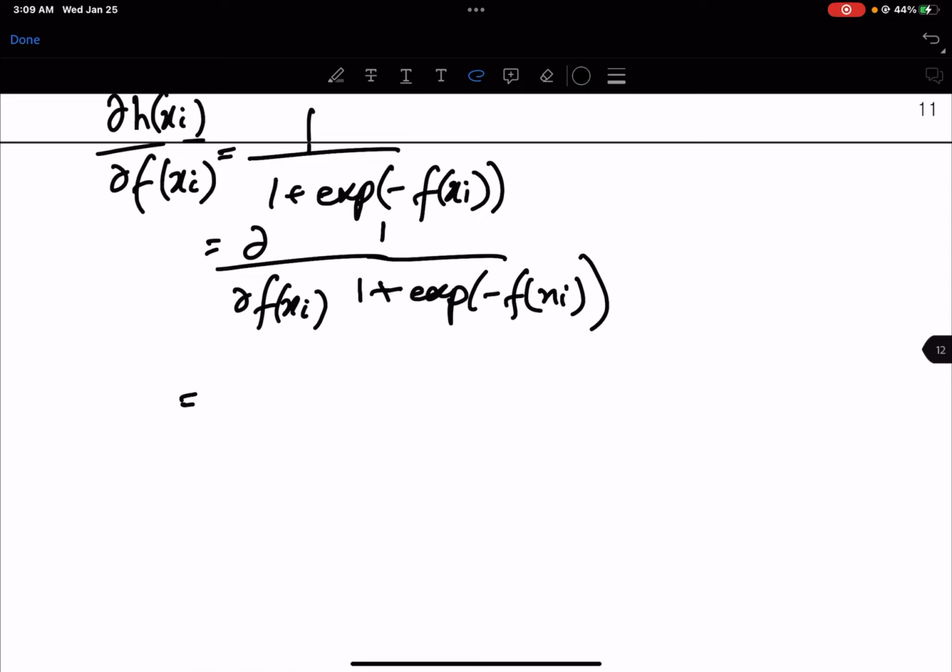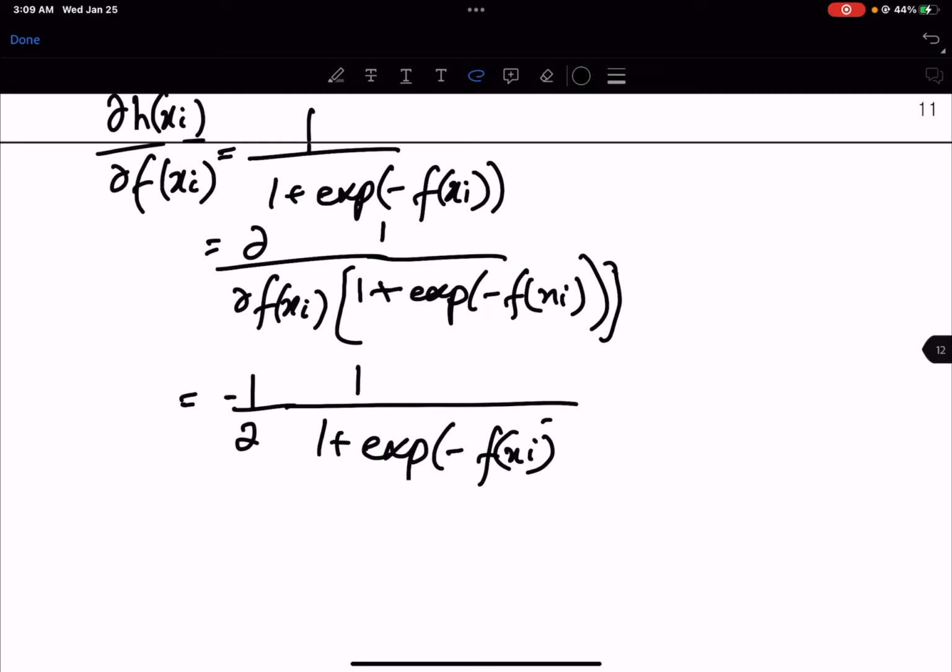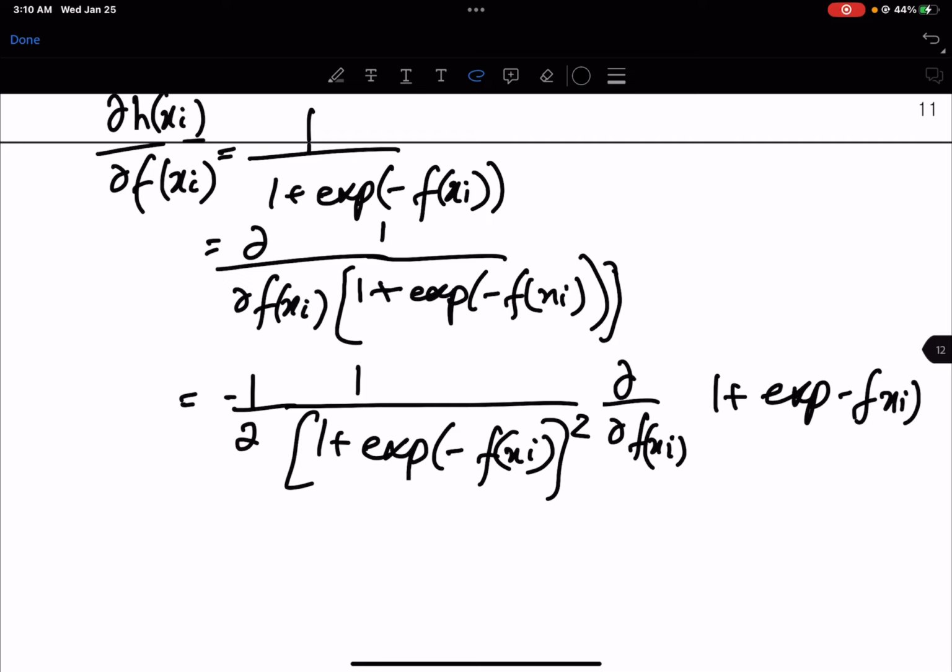So when we take the derivative, this will become the denominator, so it raises to the power, and then we have 1 by (1 plus exponent minus f of xi) whole squared, and then we have to take the partial of this next part, which is 1 plus exponent minus f of xi.